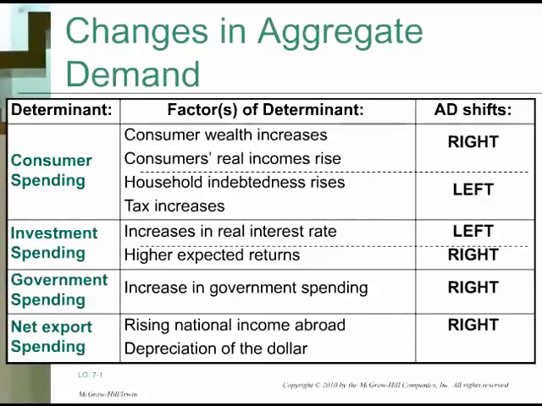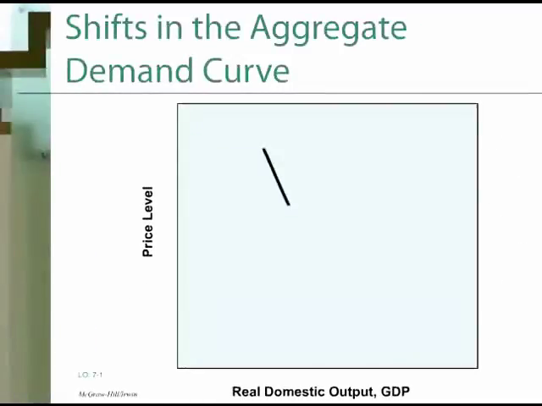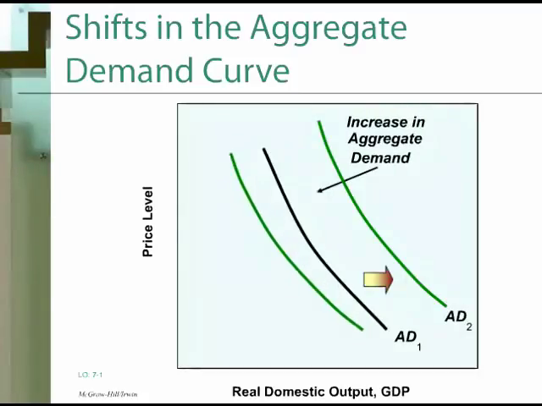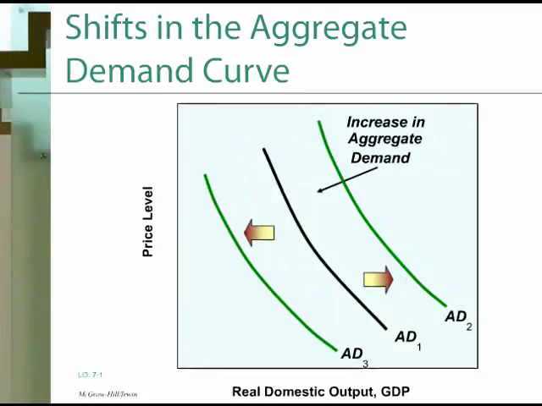An increase in government spending will shift the AD curve to the right, as will factors that lead to increasing exports, such as rising national income abroad or dollar depreciation. Graphically, an increase in aggregate demand corresponds to the shift of the AD curve to the right, while a decrease in aggregate demand corresponds to the shift of the AD curve to the left.